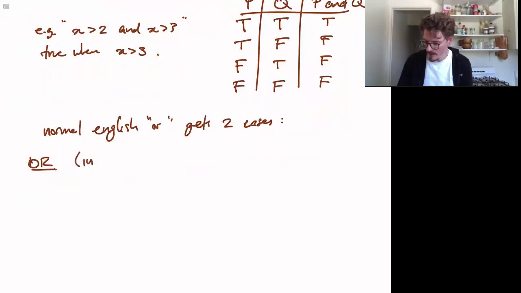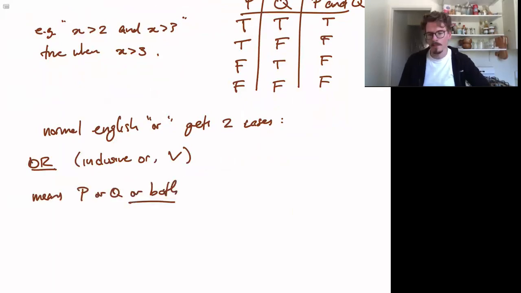If you want to be really precise, it is inclusive or, and denoted by an upside down wedge. It's also called disjunction, but I will not be using those words, so let's not worry about it. It means P or Q or both. This is the part that inclusive means.